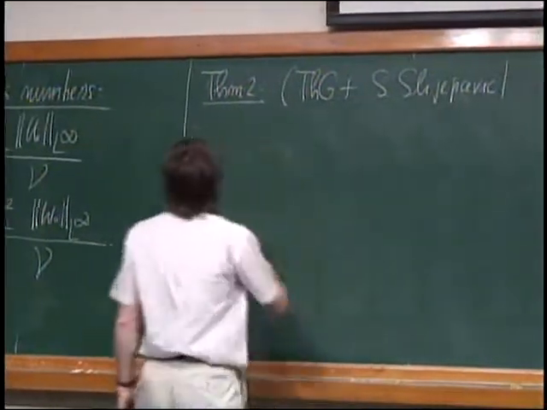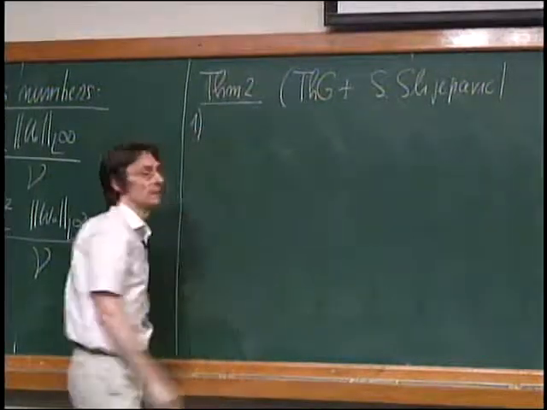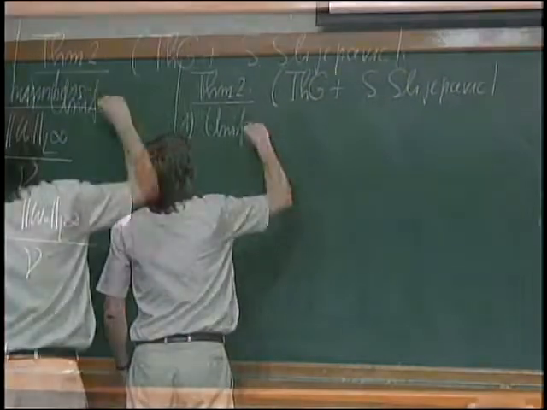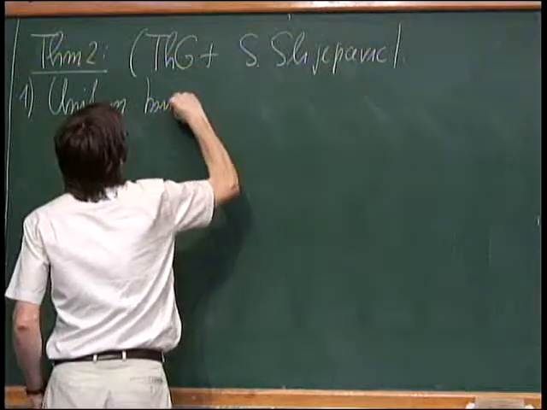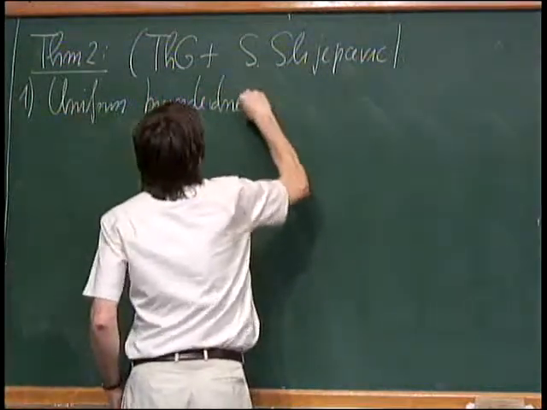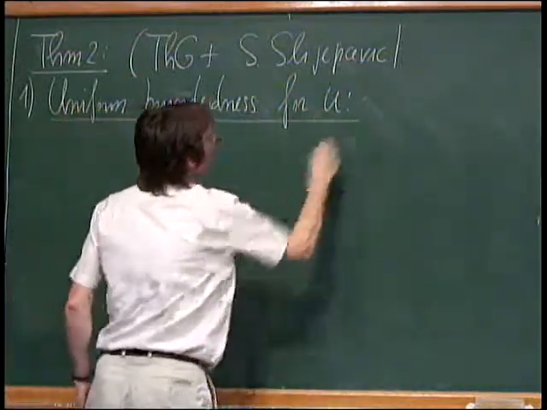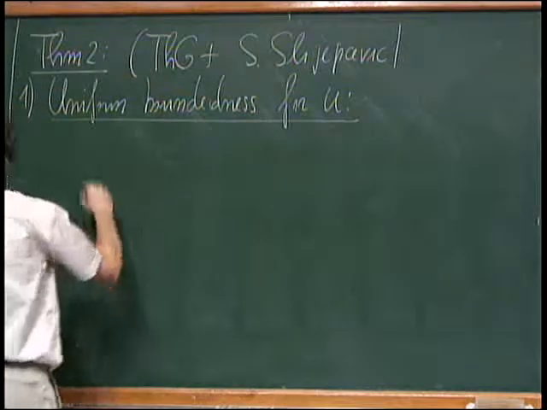So I have three conclusions. In this setting, I can prove uniform boundedness for the velocity field, and I can even make a quantitative statement, which is as follows.